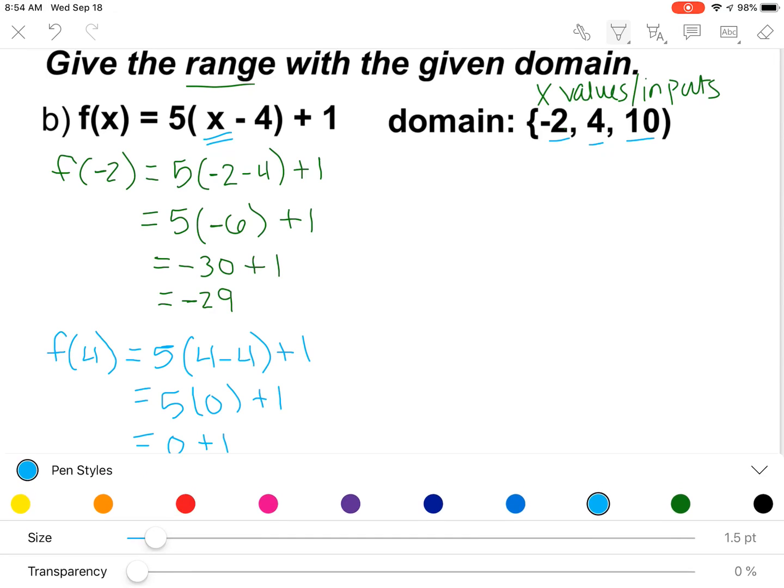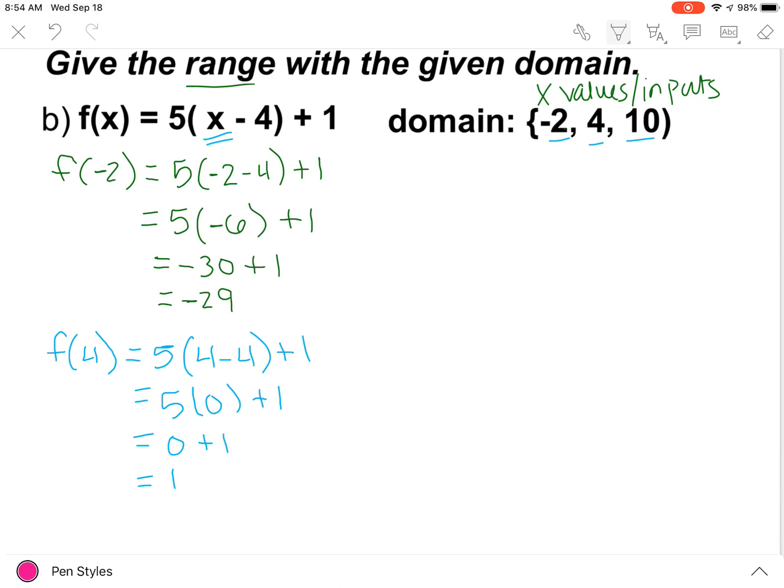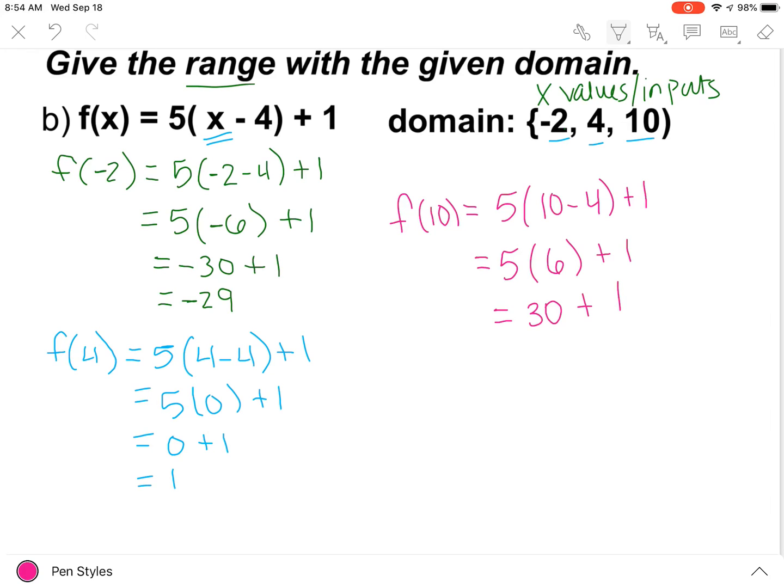So f of 4 equals 1. Last but not least, we need to figure out f of 10. Well, we would have 5 times (10 minus 4) plus 1. Well, 10 minus 4 is 6. 5 times 6 is 30, and 30 plus 1 is 31.